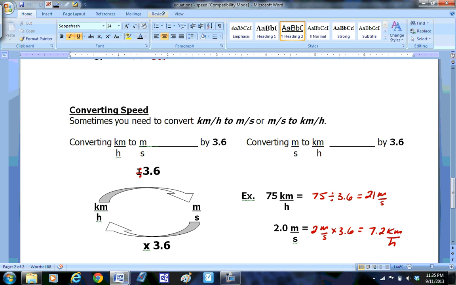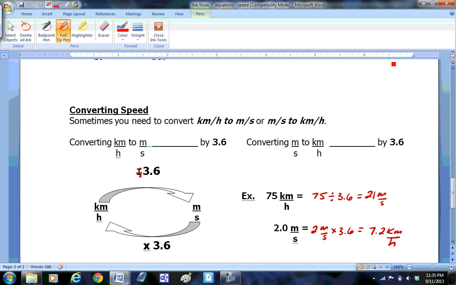The big thing here is to remember that meters per second is a smaller unit, and kilometers per hour is always a larger unit. And that will help you figure out which way to go. If I want to go from larger to smaller, I've got to divide. Smaller to larger, I have to multiply.